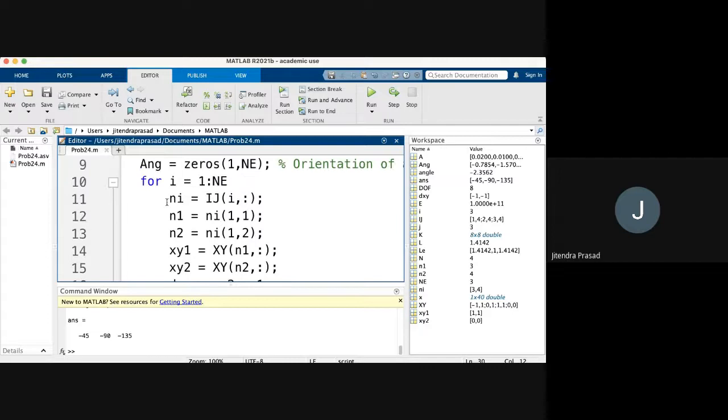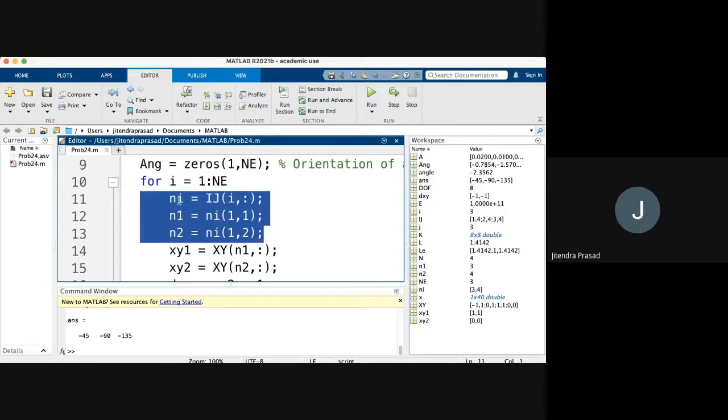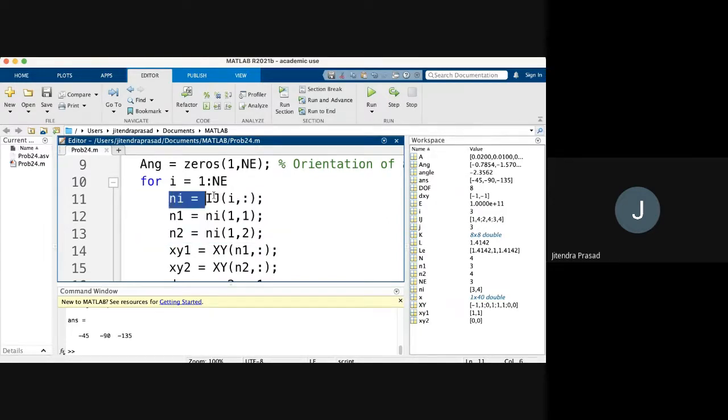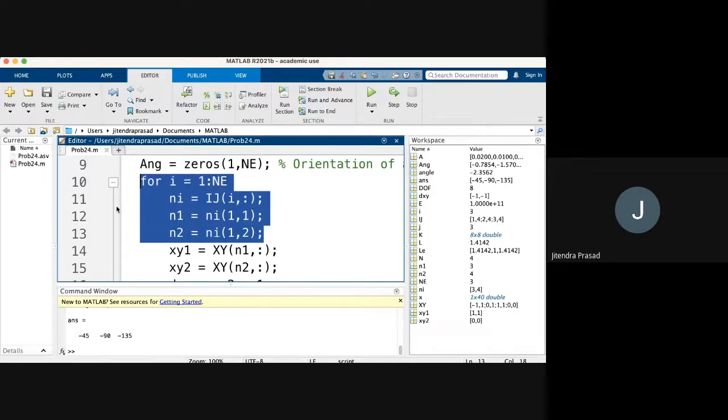This one gives you which nodes are there. This is node number 1, and this gives you node number 2, right? Same thing I will copy it here. In programming it's not a good idea to copy, remember that.